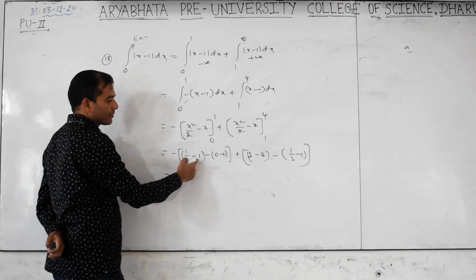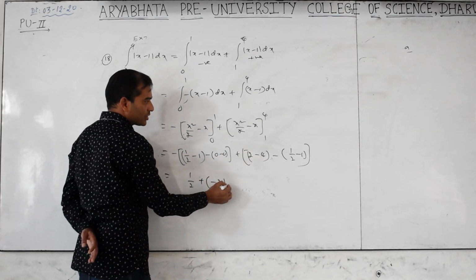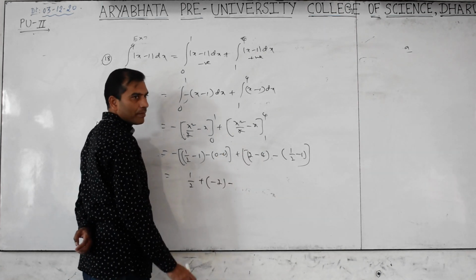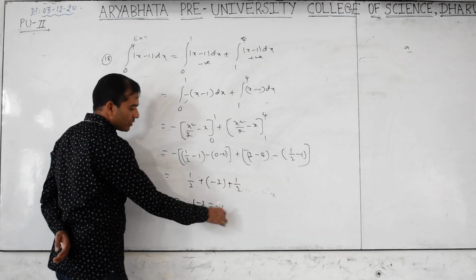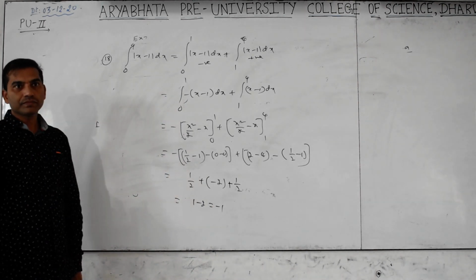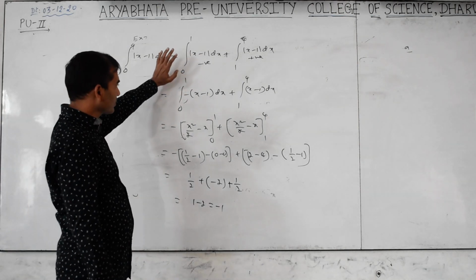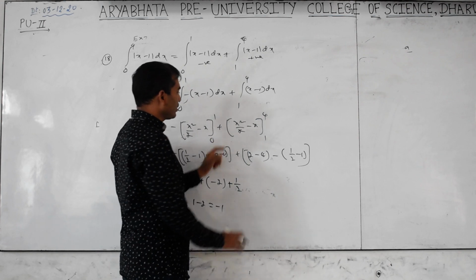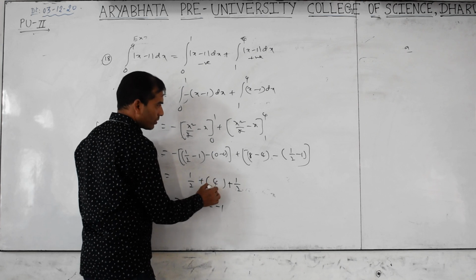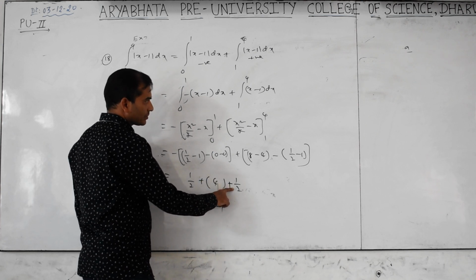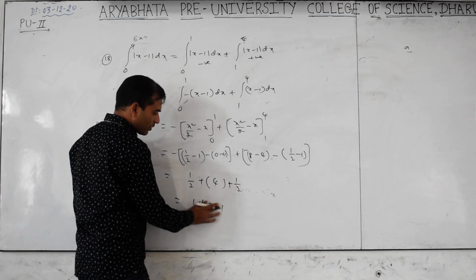So 1 by 2 minus 1, minus 1 by 2 plus 1 by 2: 1 by 2 plus 1 by 2 is 1, and then 8 minus 4 is 4, so 1 plus 4 equals 5. Understood? Here be careful.